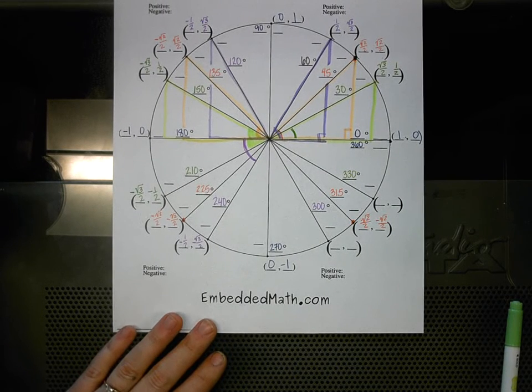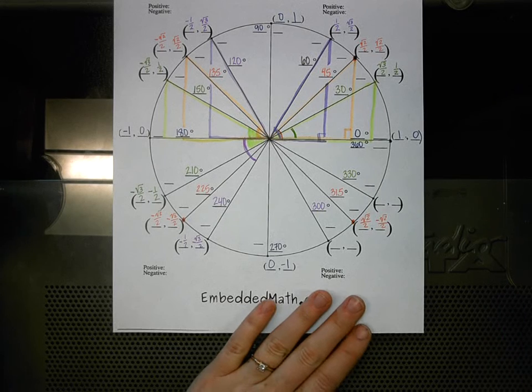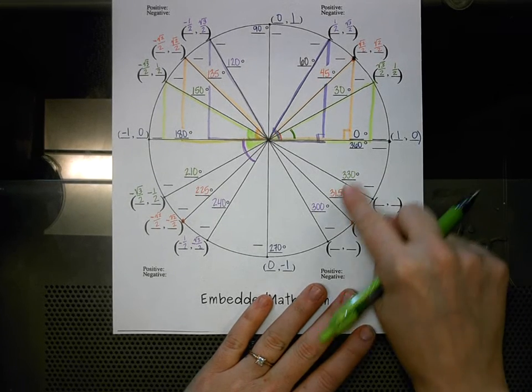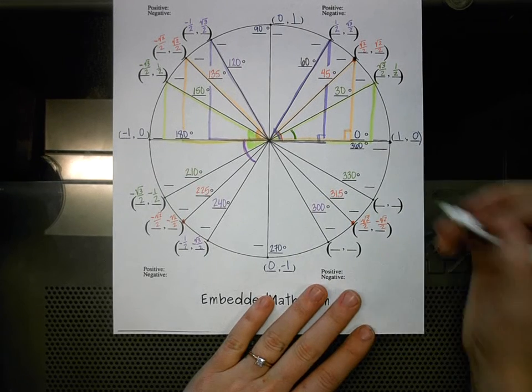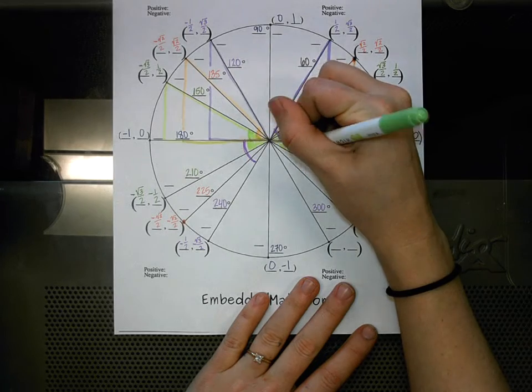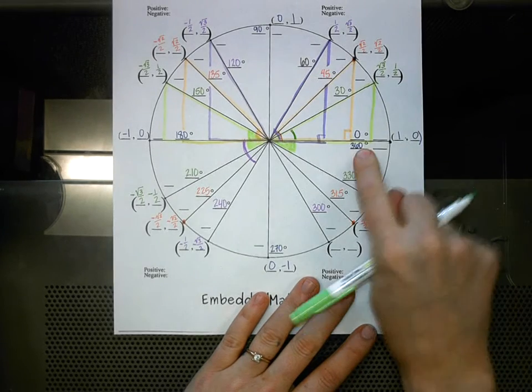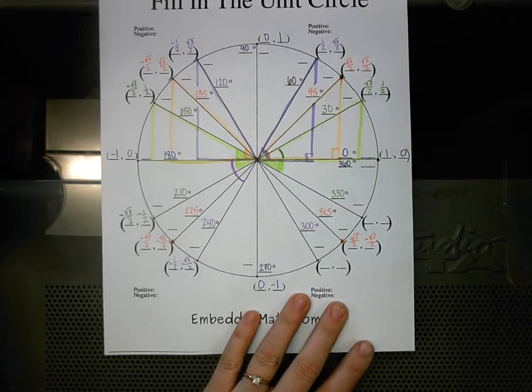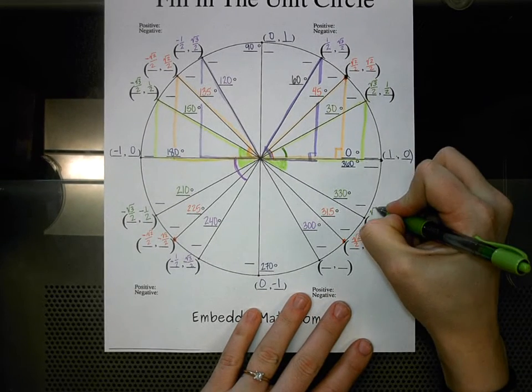All right. Quadrant 4. Which degree has a 30-degree reference angle? 330, because it's 30 away from 360. So we look at the 30 degree, which is root 3 over 2, 1/2.